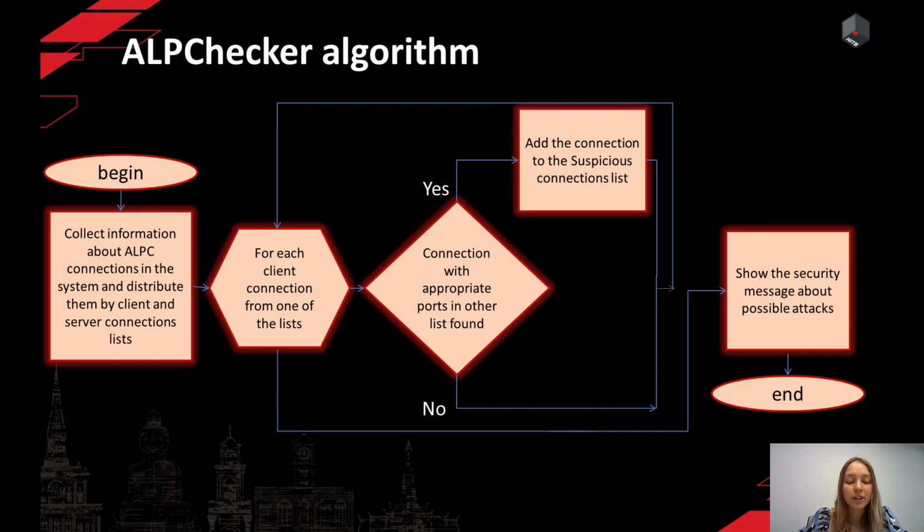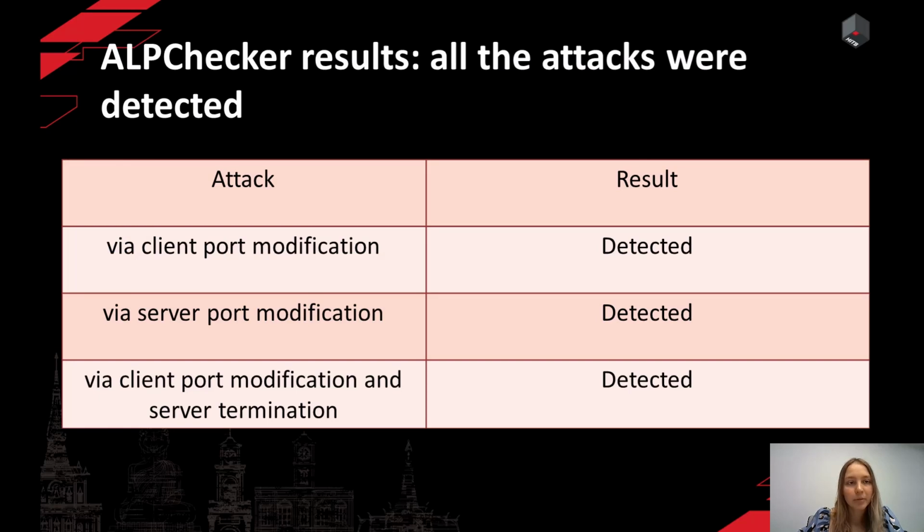If there is no such connection, then the found connection is suspicious and ALPChecker generates a security message. We tested ALPChecker on our 3 types of attacks, and as a result, ALPChecker was able to detect all 3 types of attacks on ALPC.